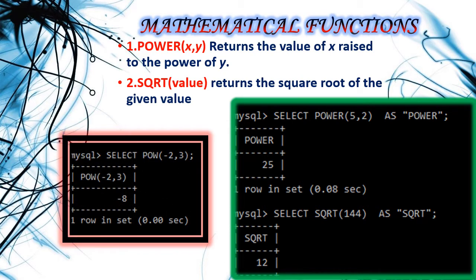In a power, if we pass a negative base value, then the answer will come as a negative number. 2 power 3 is 2 into 2 into 2, 2 into 2 is 4, 4 into 2 is 8, and it will come with a minus.